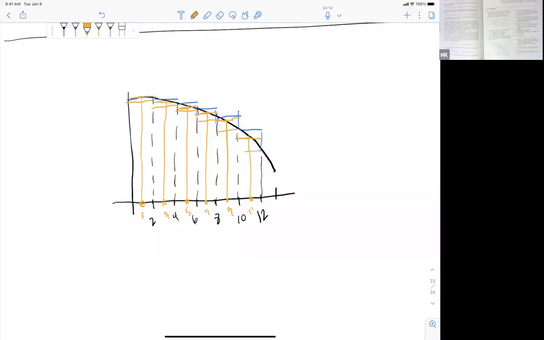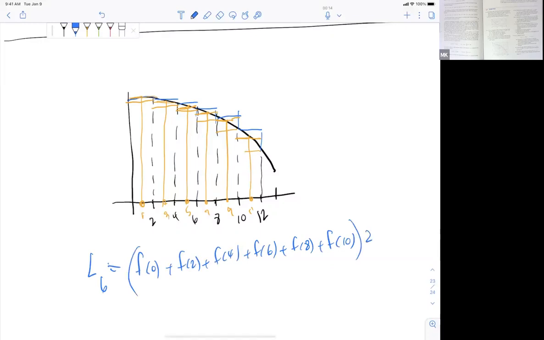So for example, if I were to do the left endpoint, it would be f of 0 plus f of 2 plus f of 4 plus f of 6 plus f of 8 plus f of 10, 6 partitions again, times 2 units per width of each of those rectangles.